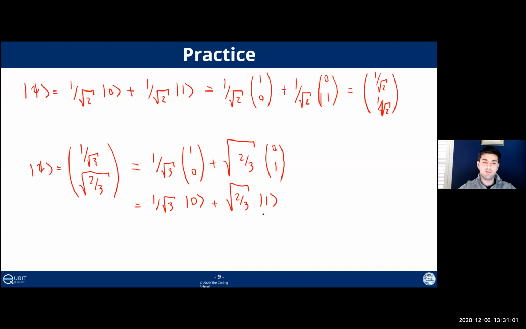So again, the whole point is that you can go from the bracket notation, like representing a quantum state with kets, to representing it with a column vector, and vice versa. You can go from representing a quantum state with a column vector to representing it with kets.